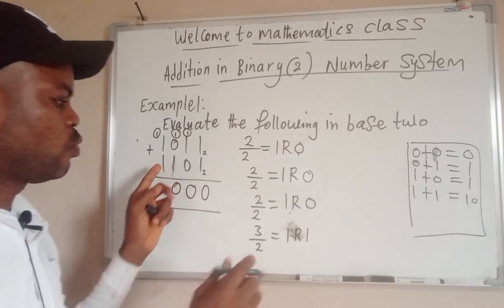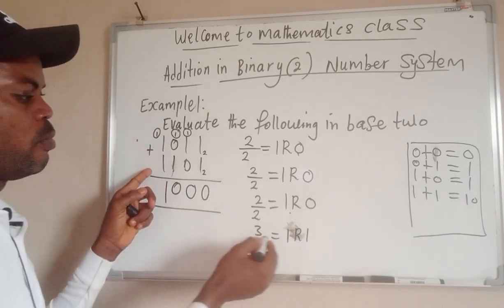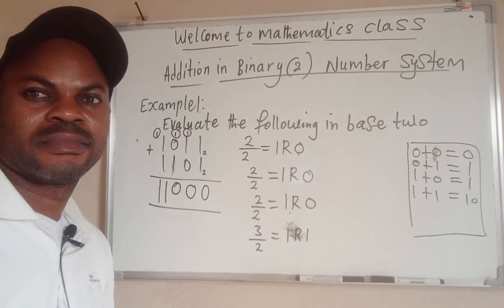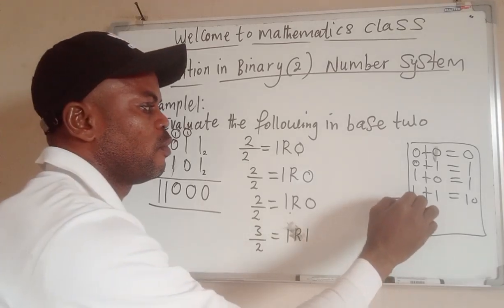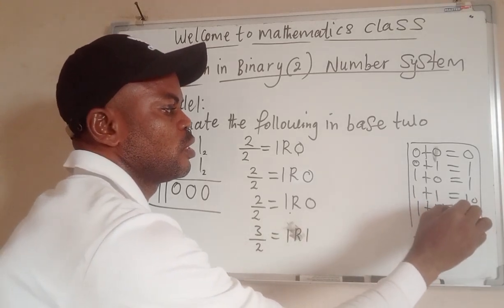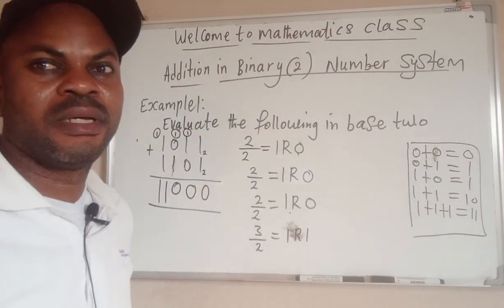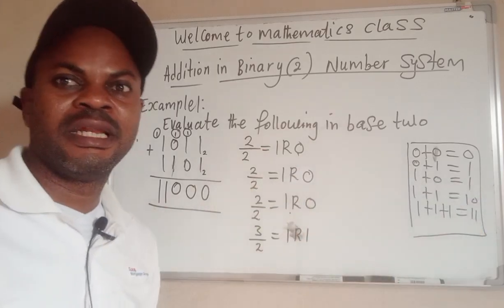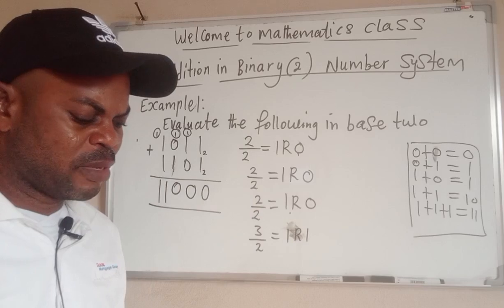So we write the remainder first. There's no other number here, so we bring down the last 1. You can as well do the cramming by saying 1 plus 1 plus 1 is equal to 11 in number base. But applying this principle, there's no need to cram this in your mind. So that is how to do addition in number base.